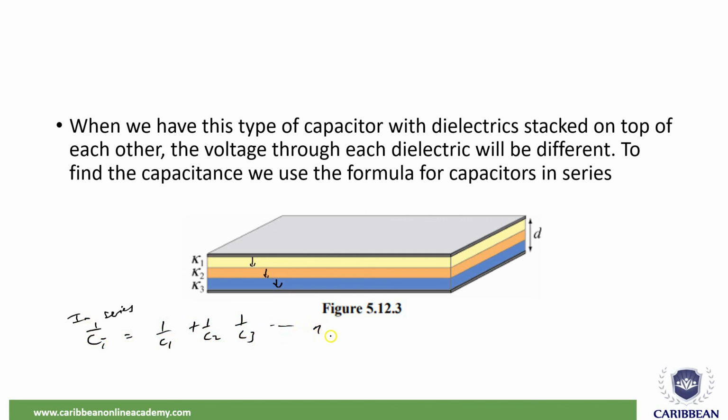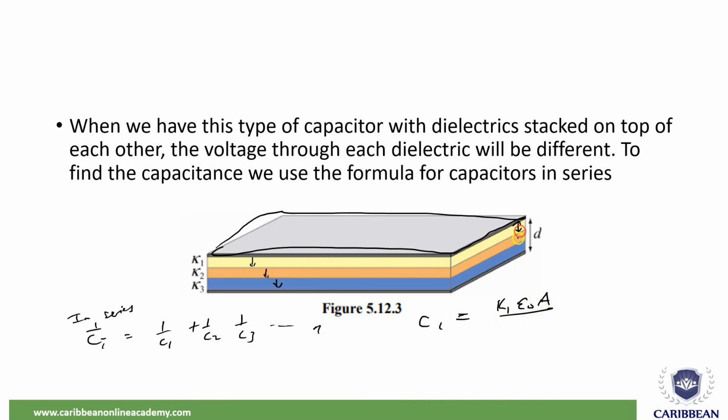So what you would just have to do is to find what C1 is individually, right? And C1 here would be K1 times epsilon naught times A. The area of the plate will remain constant in this case, so that doesn't change. Now, divided by the distance. Imagine that each dielectric has the same thickness.